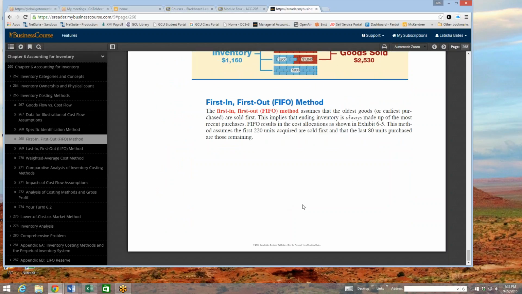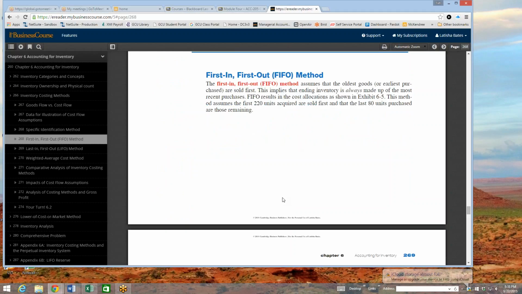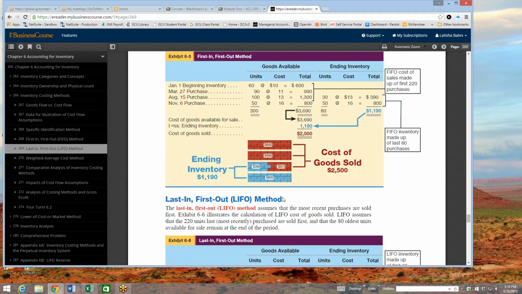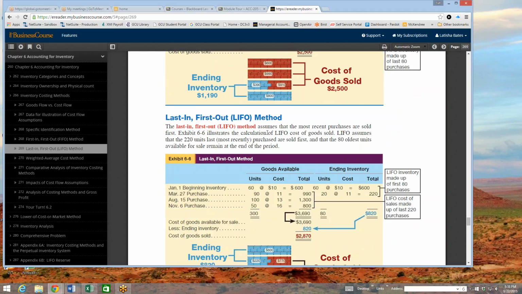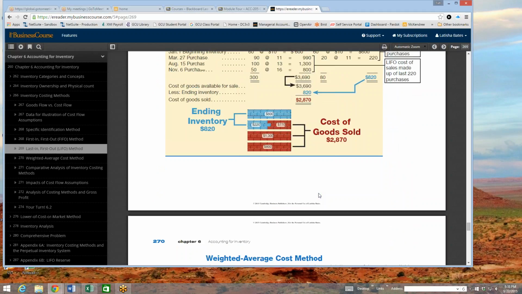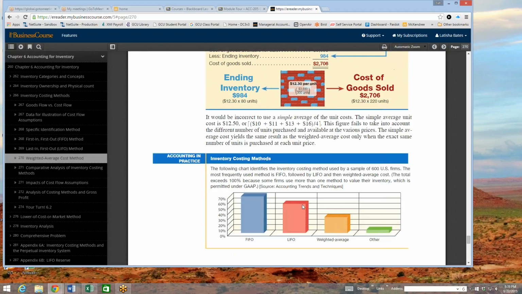Here's the first in, first out, which again assumes the oldest goods, or the earliest purchased, are sold first. Then it walks you through how to account for those. Last in, first out assumes that the most recent ones are sold first. And then you've got the weighted average cost as well, which is basically finding the average cost.